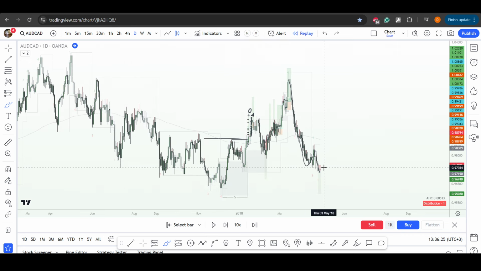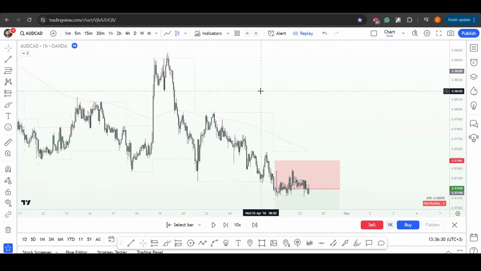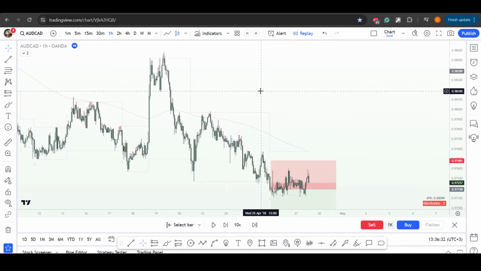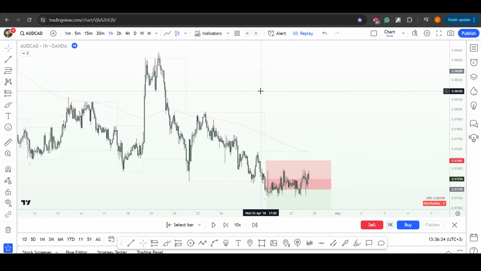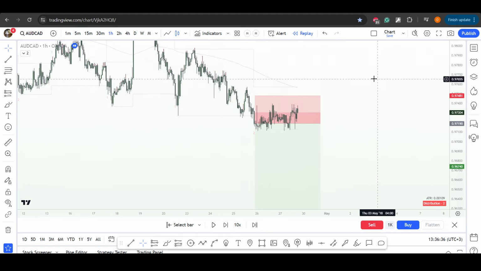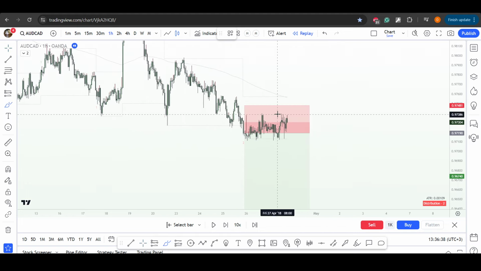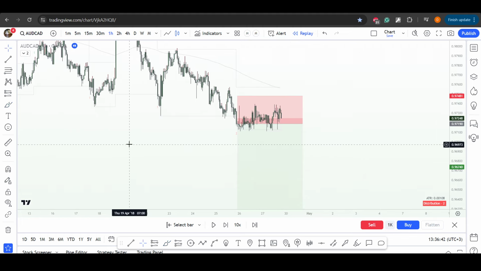So this was the entry area, but now this is pretty late, more like a waiting area. So yeah, I will be extremely surprised if the market will just not go and do this. I will be extremely surprised.